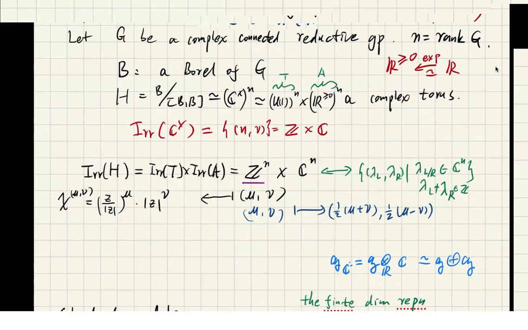So I think I should write it in this way.